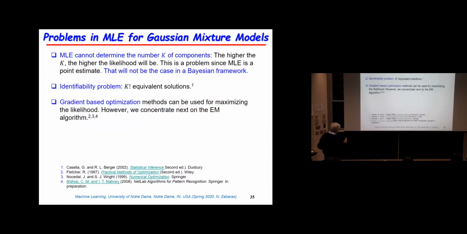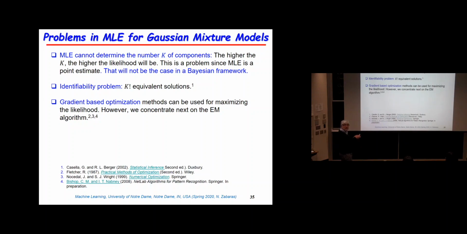Okay. There's another problem. So we said we're going to identify, let's say we have 3 Gaussians, red, blue and orange, and we call this Gaussian 1, this Gaussian 2, this is Gaussian 3. But don't you think if I take the naming of these Gaussians and interchange them, so when you go and compute mu1 and sigma 1, that can be the blue, can be the red, can be the yellow.